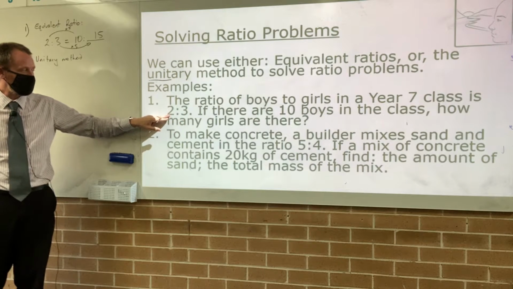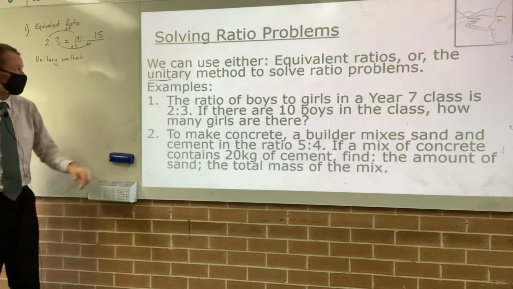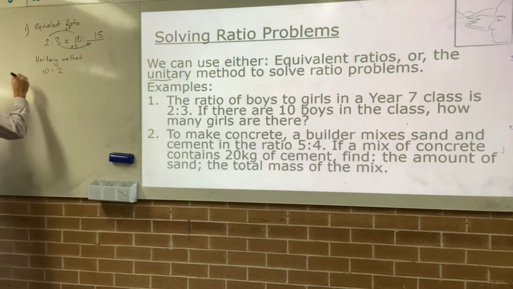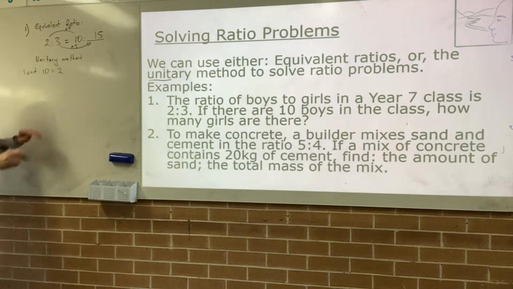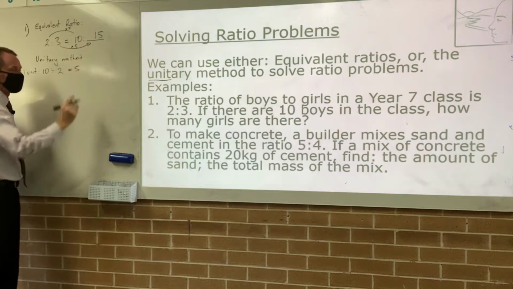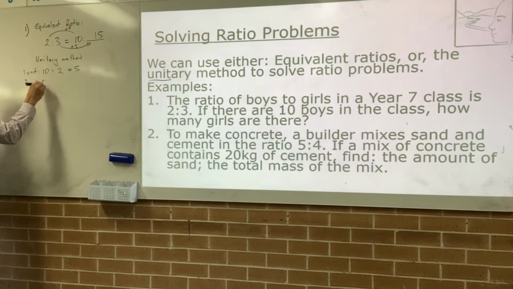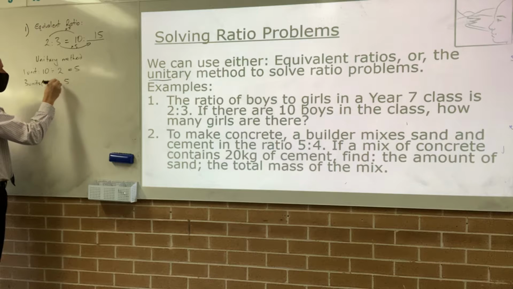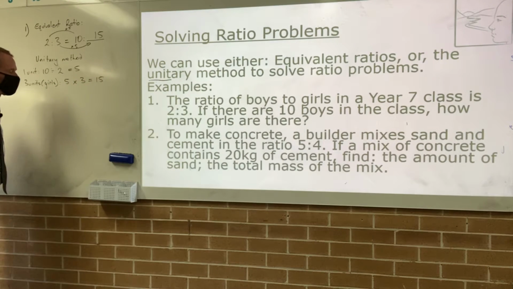If there are 10 boys, that's 2 units worth. So I go 10 divided by 2, and this is for 1 unit. 10 divided by 2, which gives me 5. So then for 3 units, which is my girls, I do 5 times 3 and get 15.